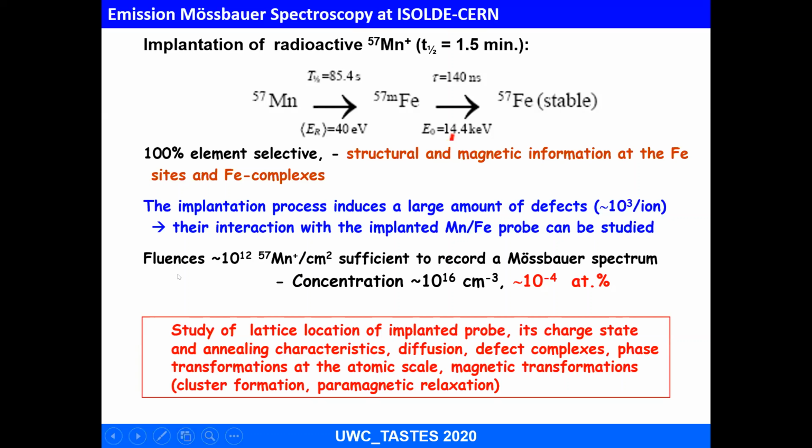This makes possible the study of lattice location of the implanted probe, its charge state and annealing characteristics, diffusion, defect complexes, phase transformations at the atomic scale, and magnetic transformation, cluster formation, as well as paramagnetic relaxation.